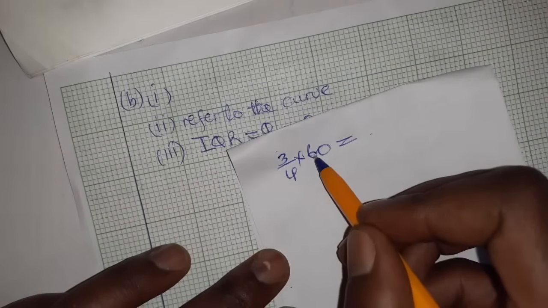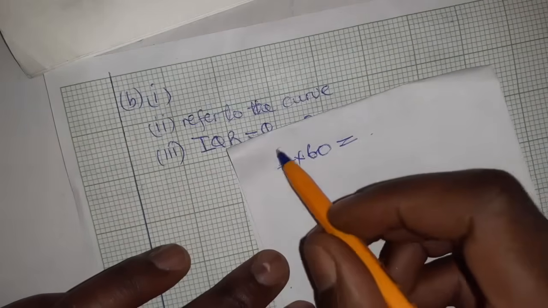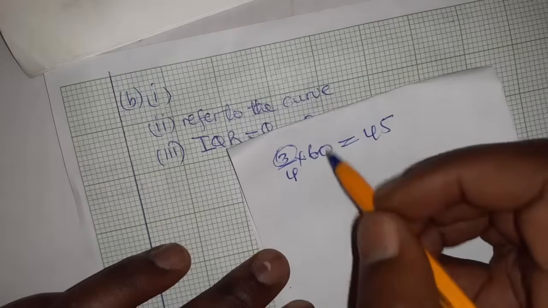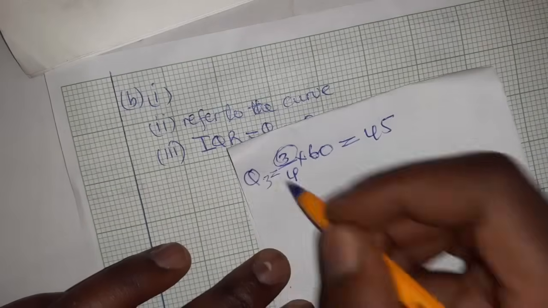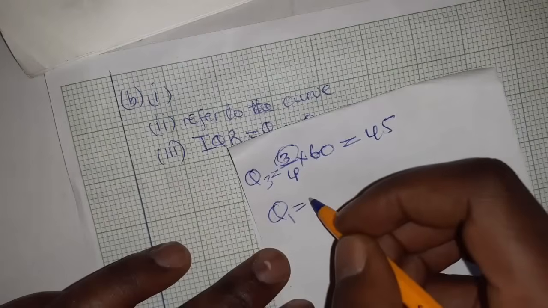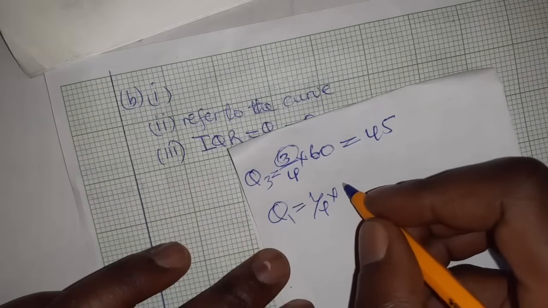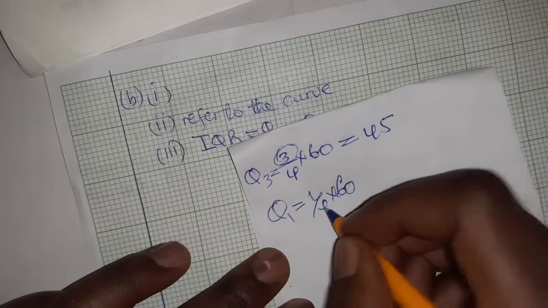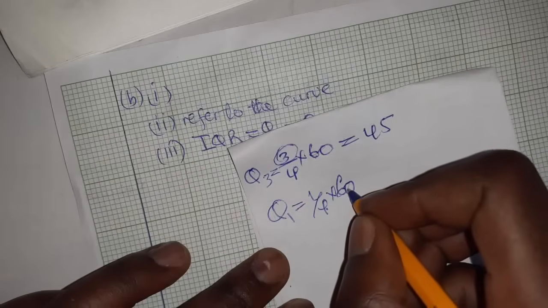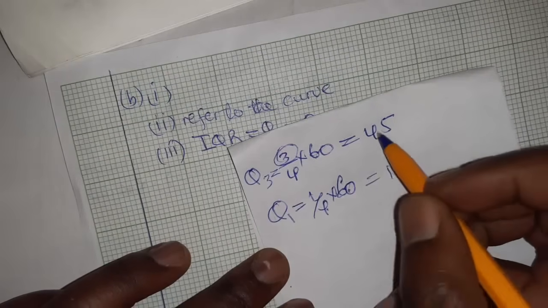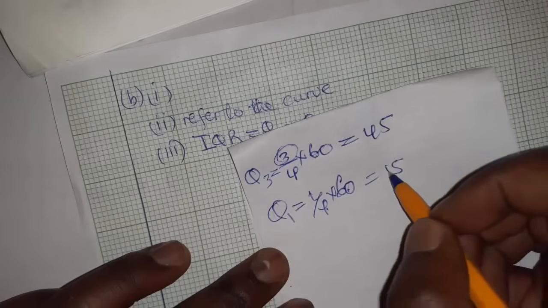So 4 into 60 is 15. 15 multiplied by 3, you get 45. This is our Q3. Then Q1 is equal to 1 over 4 multiplied by 60. 4 into 60 is 15. 15 multiplied by 1 is 15. So we use 45 and 15.